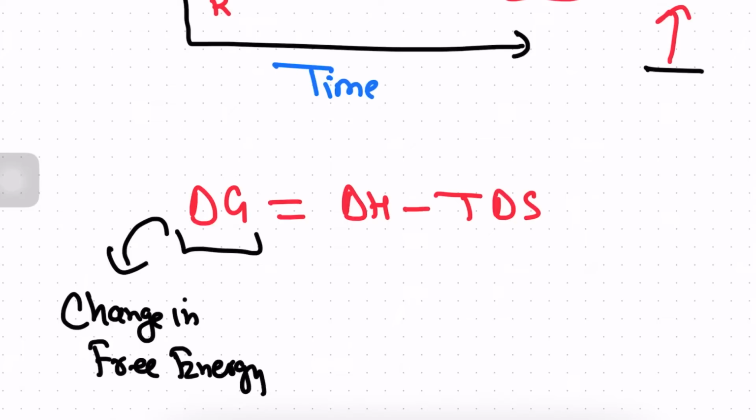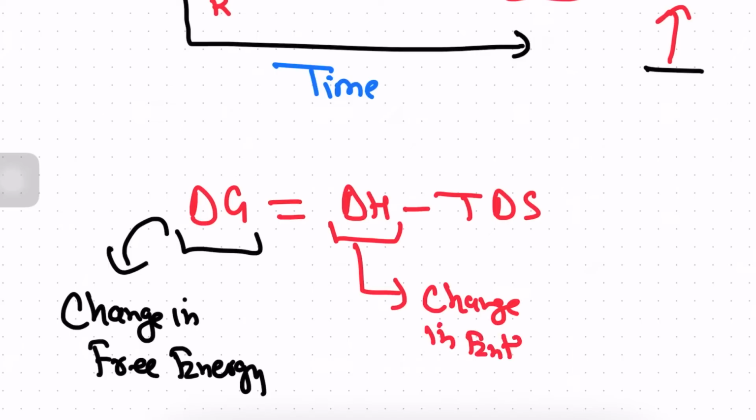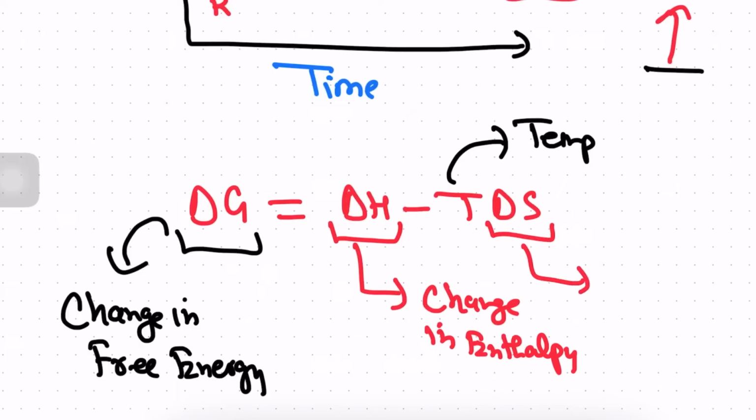Delta H stands for the change in enthalpy, the heat content. T is the temperature, and generally we represent the absolute temperature. And delta S represents the change in entropy.